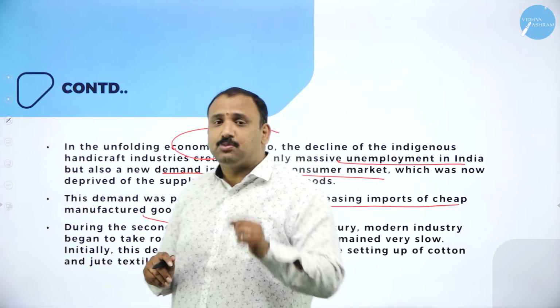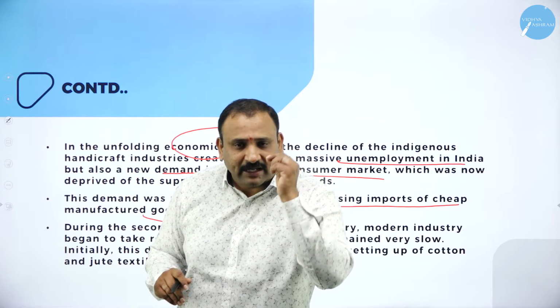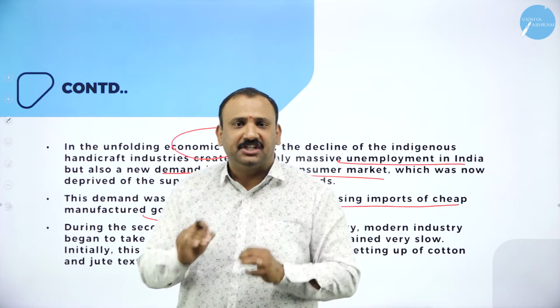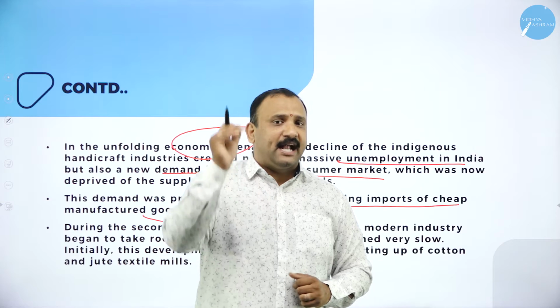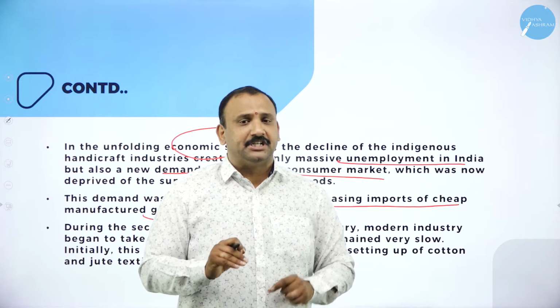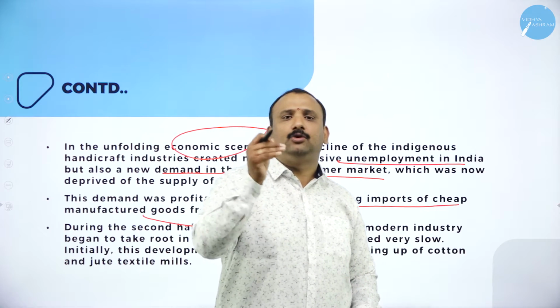Since Indians were deprived, Indians were left completely in a lurch. They were not able to get what they wanted. The cheap goods that were manufactured by the British were forcibly thrown back to the Indian home ground, and Indians had to buy those goods.